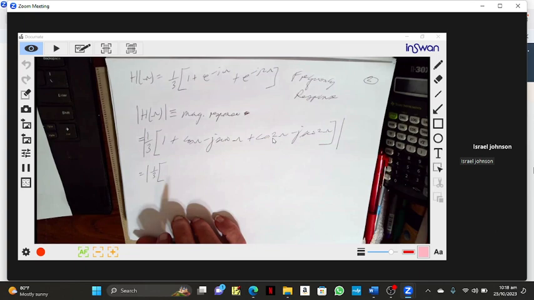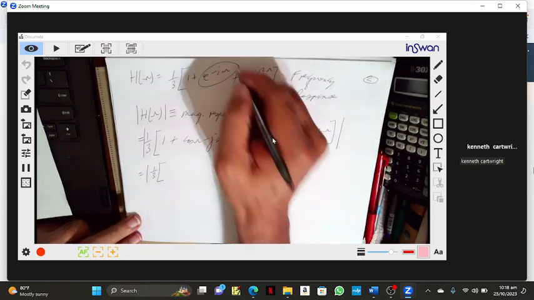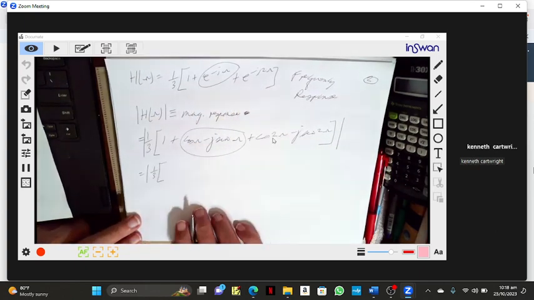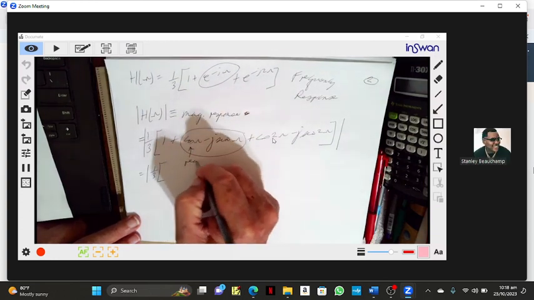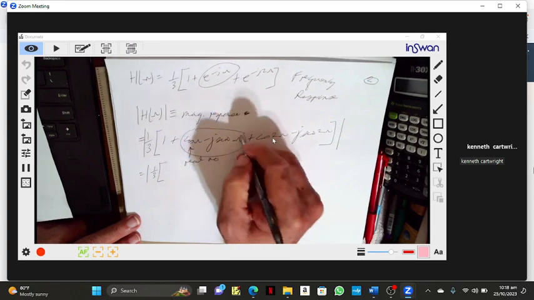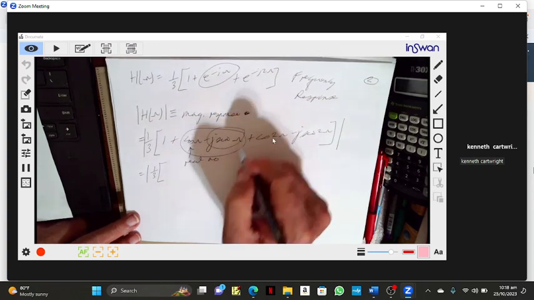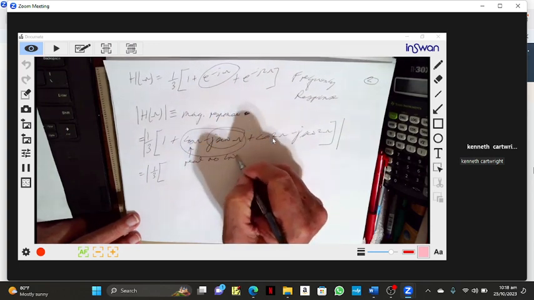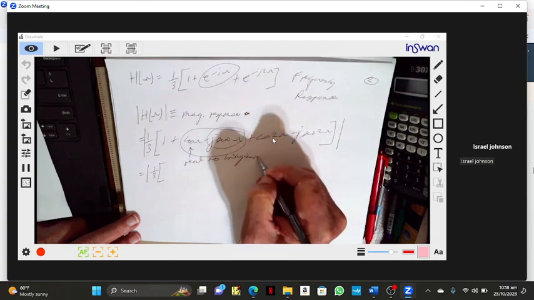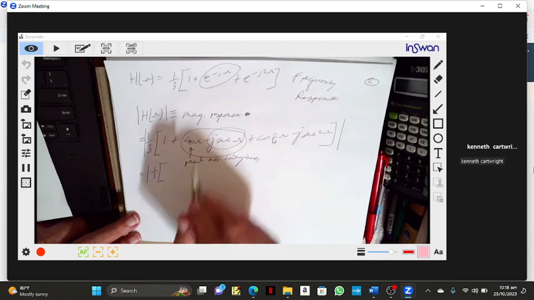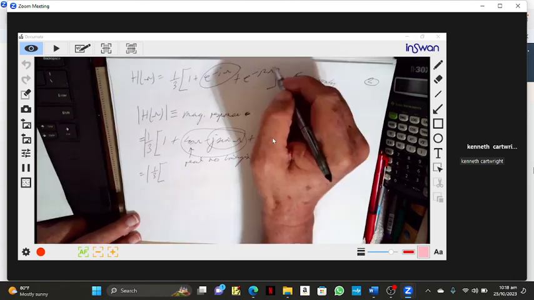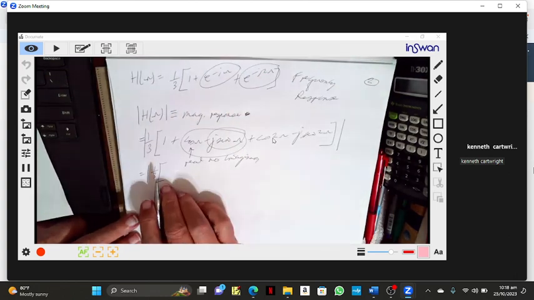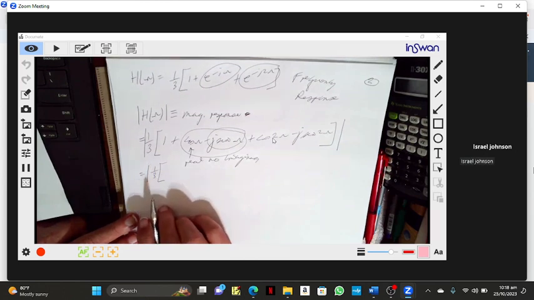It's a real number plus an imaginary number. So I don't know why you're calling that imaginary. That's not imaginary. It's complex, and so is this. Thank you, Dr. Carter.